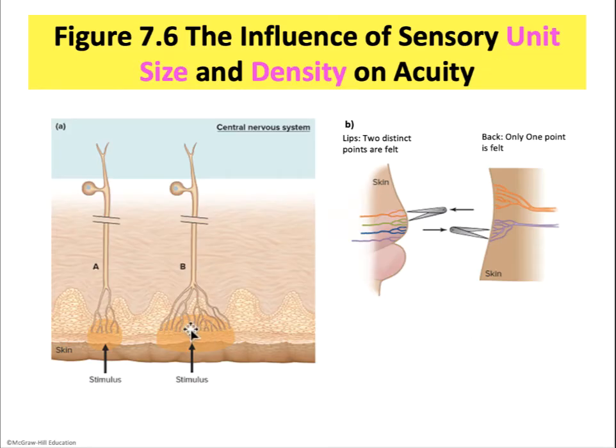The size of the receptive field for any particular sensory neuron is proportional to its importance to the body's survival. So some areas are covered with neurons that are tightly packed, such as the lips, and other parts of your body are covered with neurons that have large receptive fields, such as the middle of your back.